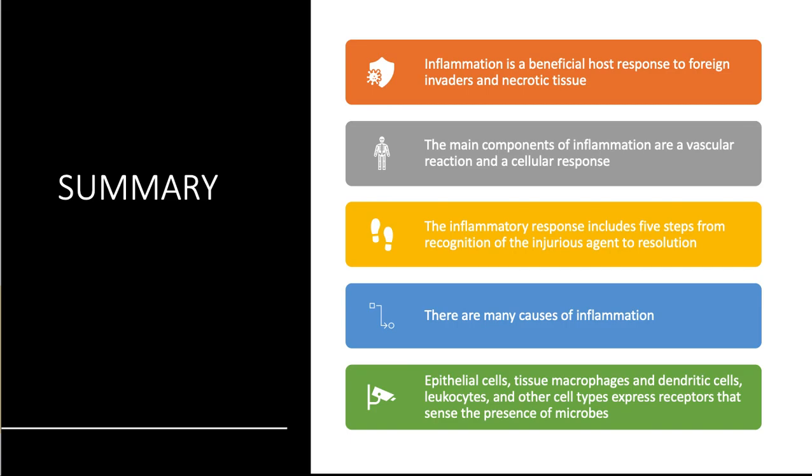The causes of inflammation include infections, tissue necrosis, foreign bodies, trauma, and immune responses. Epithelial cells, tissue macrophages, dendritic cells, leukocytes, and other cell types express receptors that sense the presence of microbes and necrotic cells.